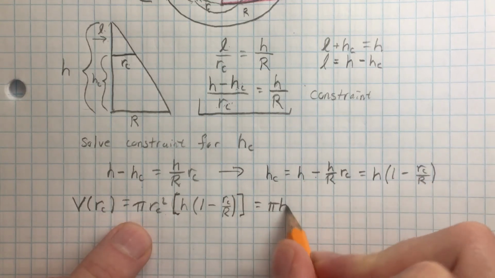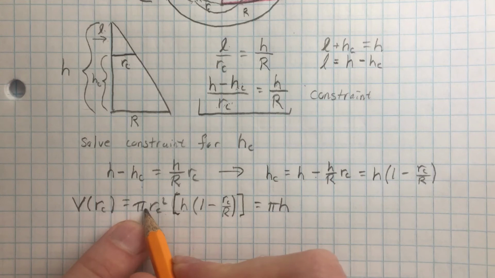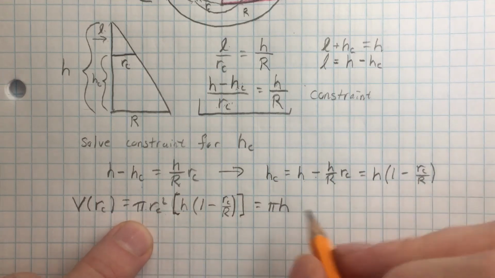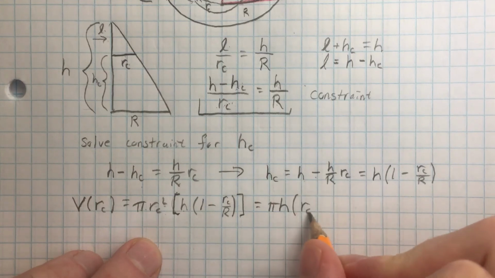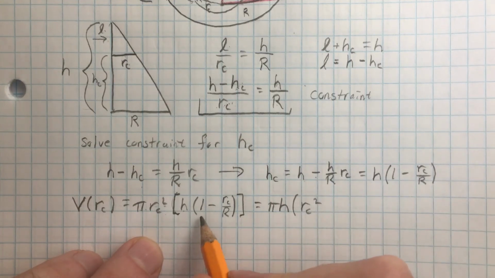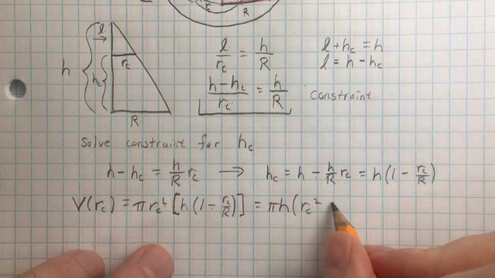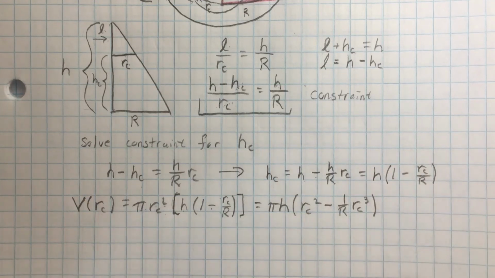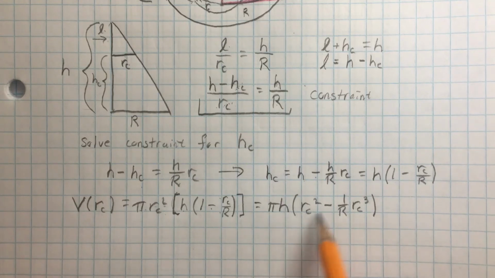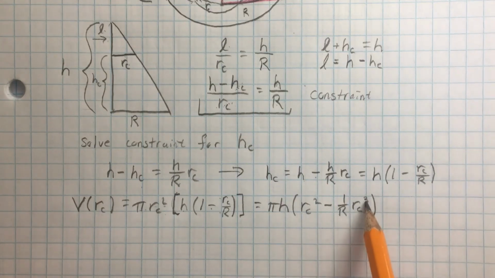Pi h together on the outside, they're just being multiplied together, and on the inside I would have rc squared times 1, so rc squared, and then minus 1 on cap R, rc cubed. So there is our volume function written as a third degree polynomial in rc.